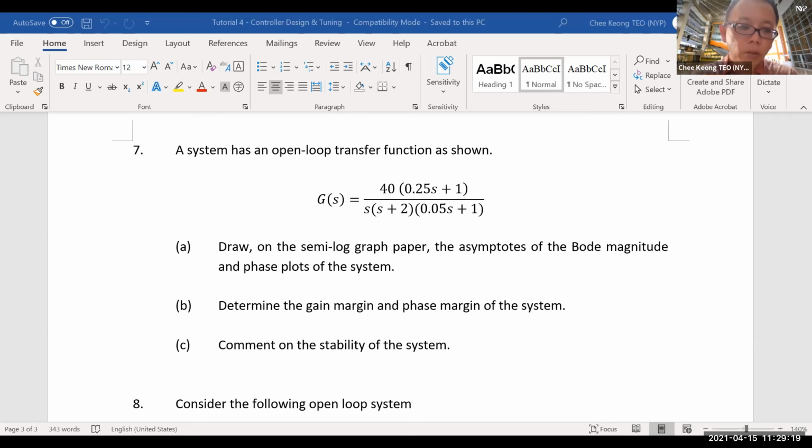So basically, I'm going to directly share with you the solution for question 7, in view of the time. Give me a while. Let me find the solution.